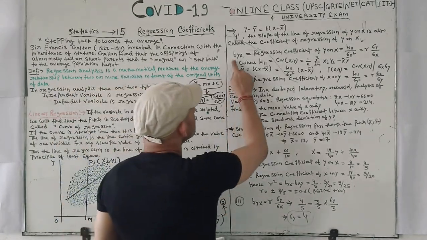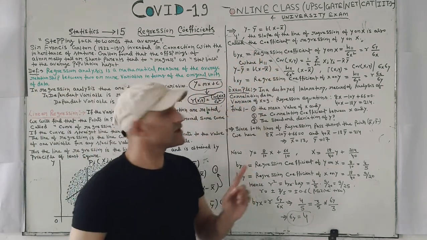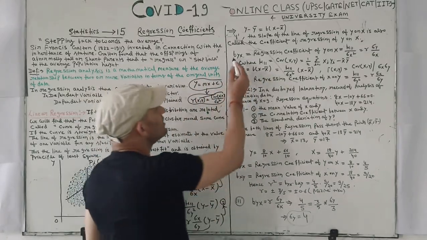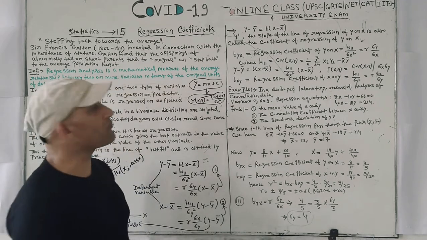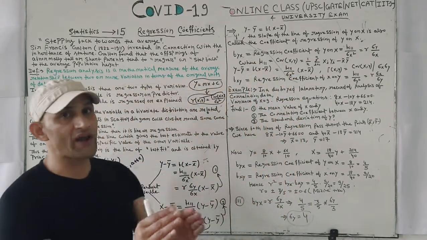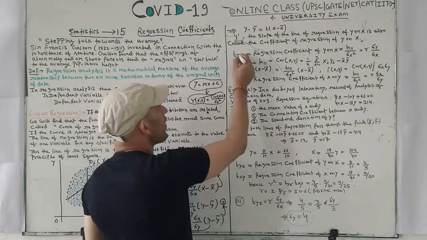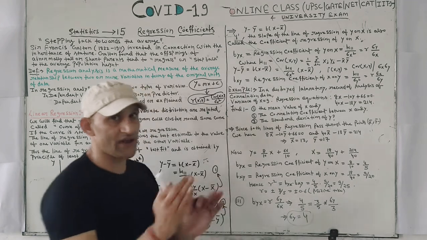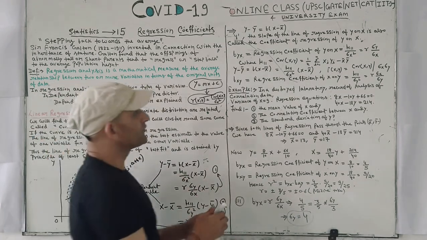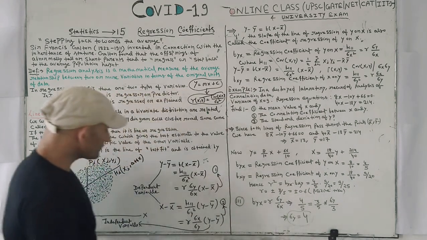So byx, where b is the regression coefficient. What is the meaning of byx? Byx means the regression coefficient of y on x. It is equal to mu11 upon sigma x square.